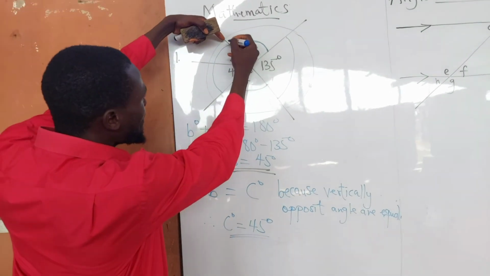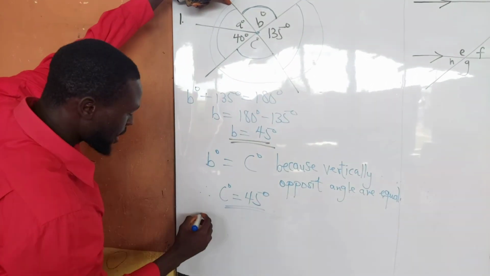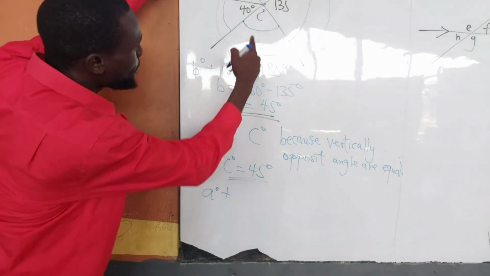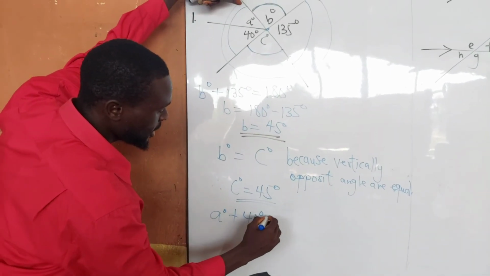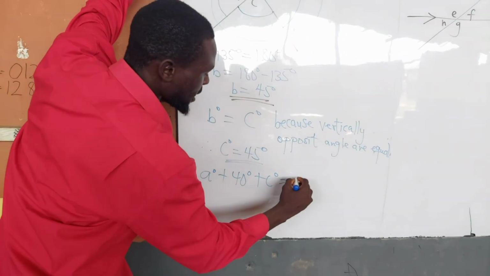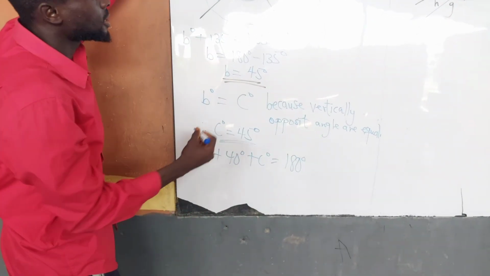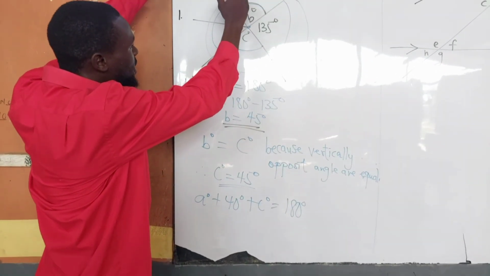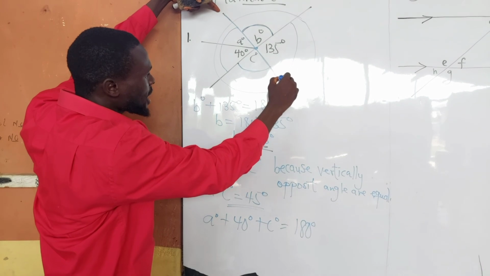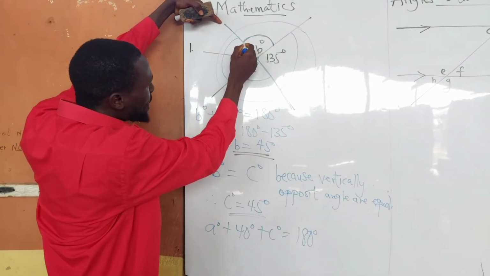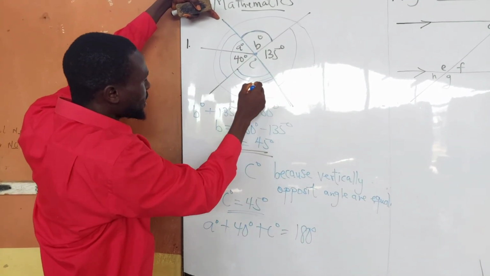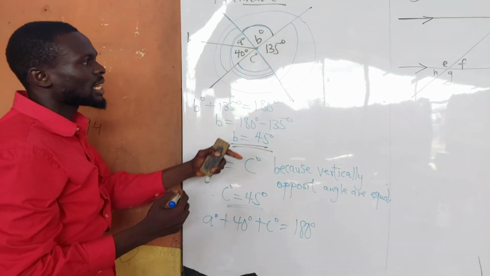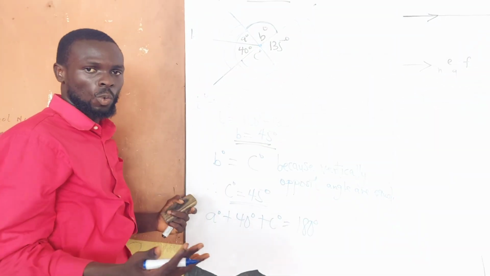So here, if we take this as a straight line, we have A plus 40 degrees plus C giving us 180 degrees. Why are we saying 180? Because we can see that those angles are on a straight line. And angles on a straight line sum up to 180.